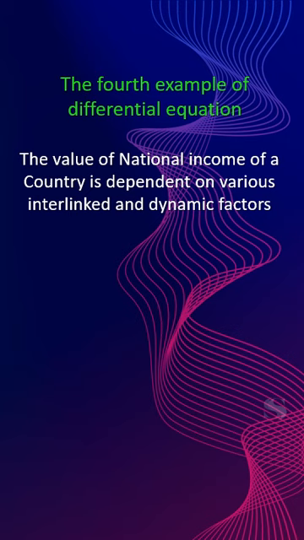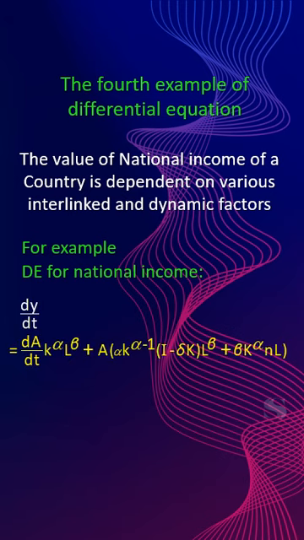In equation terms, national income is determined by consumption, investment, labor participation, sophistication of technology and engineering, inflation, external trade, etc. The differential equation of national income is expectedly complex, but it is often simplified for specific measures of national income levels and changes in it. The details of the symbols are just out of the scope of this discussion.